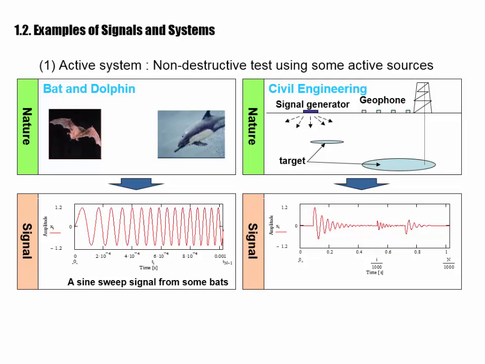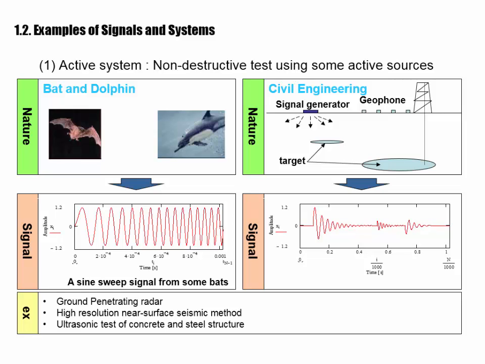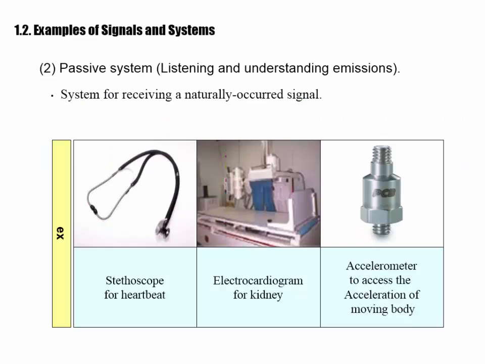In civil engineering, we have the impact hammer test, and using the geophone, we find the anomaly in the subsurface. This is another example of an active system, because we have to apply mechanical energy to generate the signal. Ground penetrating radar, high resolution, these are the same thing.